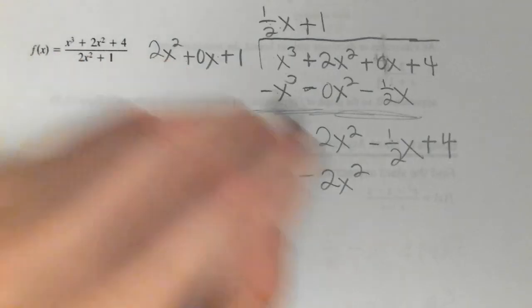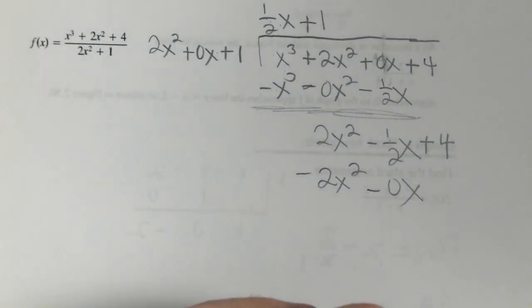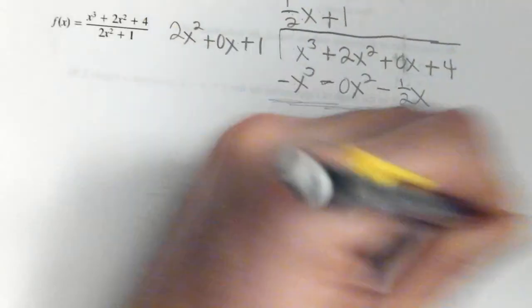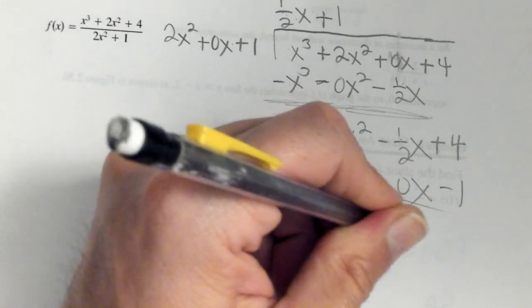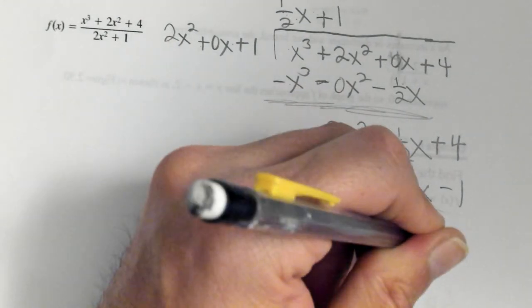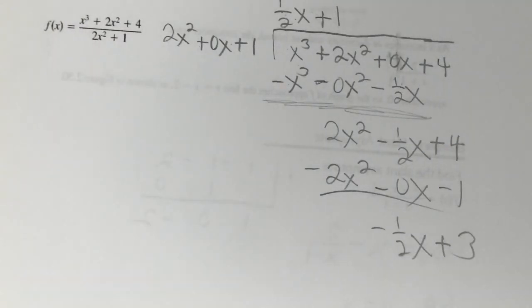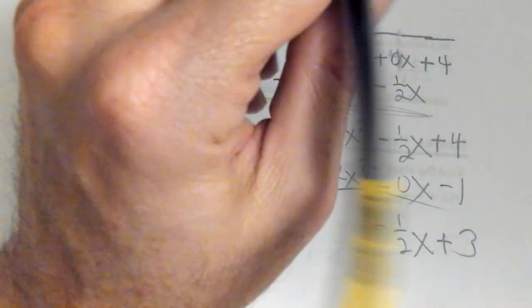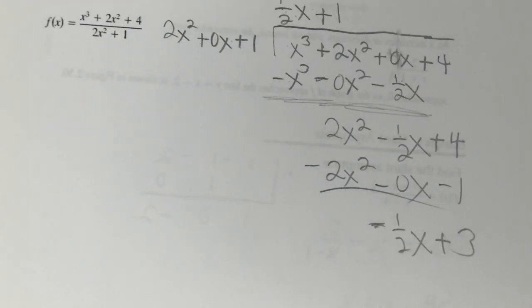Do I have an x term? No, I don't. It's minus 0x. But I do have a 1 term, and 1 times 1 is 1, so it'll change to minus 1. Alright, gone there. That's going to end up being negative 1/2 x plus 3. Alright, and that is as far as we can divide it out, so that's my remainder, so it's negative. Now this is tricky here. If you think about this for a minute, make sure we get this right.